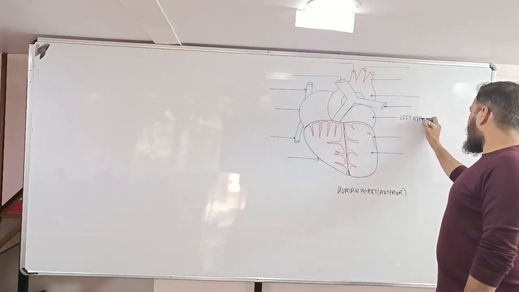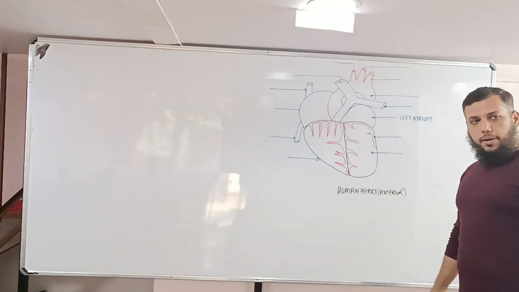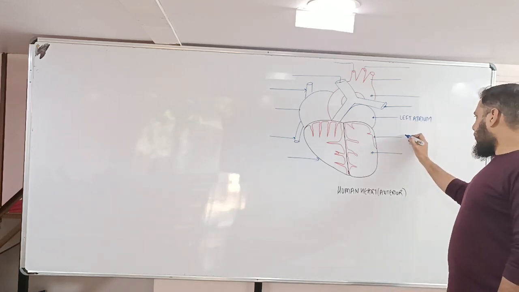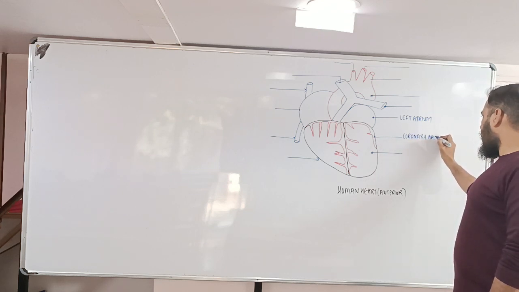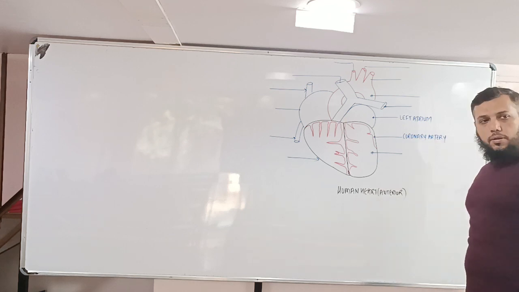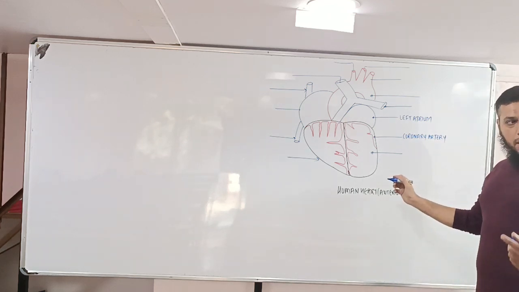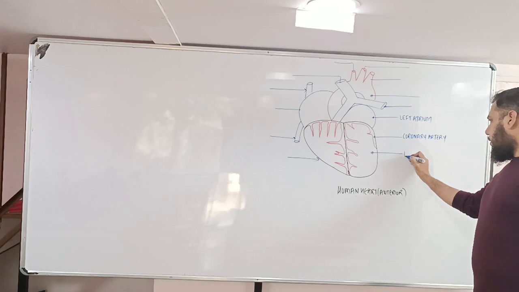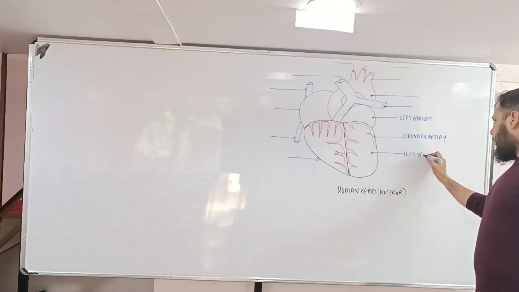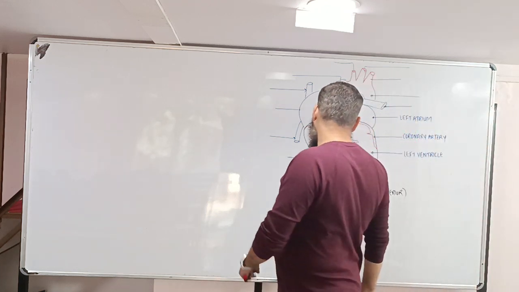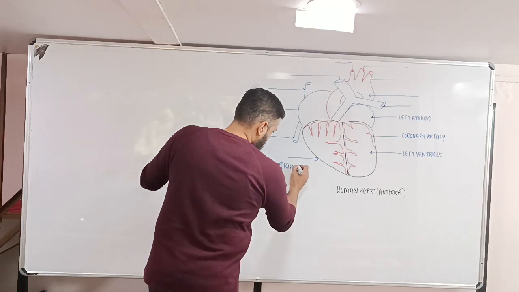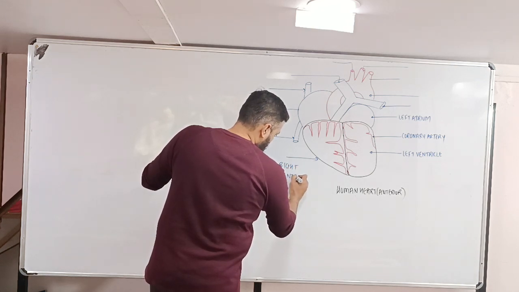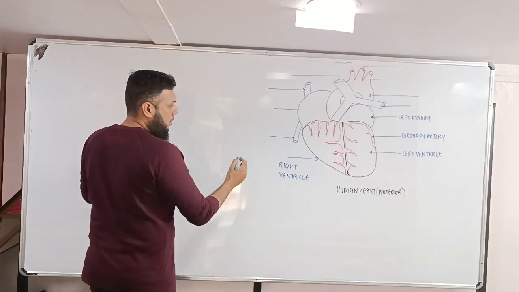Left atrium. Loudly. What is the labeling? Left atrium. Then coronary artery. Coronary artery. The left ventricle. Left ventricle. This is the right ventricle.